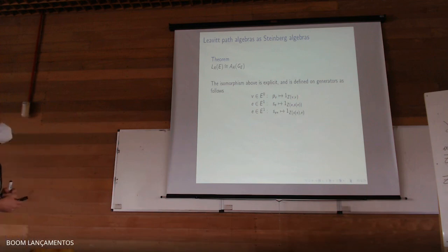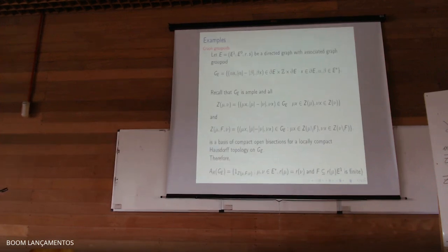Right? So let me go back one slide. Consider this set, but instead of a mu and a nu, you have a vertex, v. So we're looking at all boundary paths that have source v and source v, and in the middle we just have 0, right?